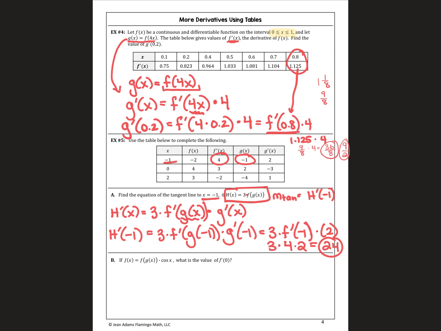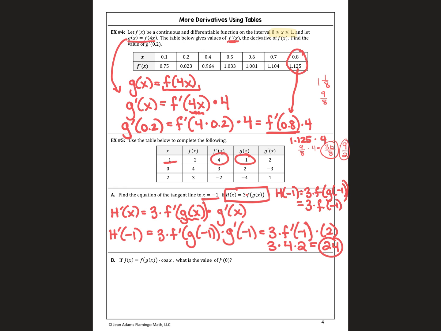If we're going to write our equation for the tangent line, I need to know what the other part of the ordered pair is. So I need to know what h of -1 is, which is 3 times f of g of -1. That's 3 times f of -1, since g of -1 is -1.